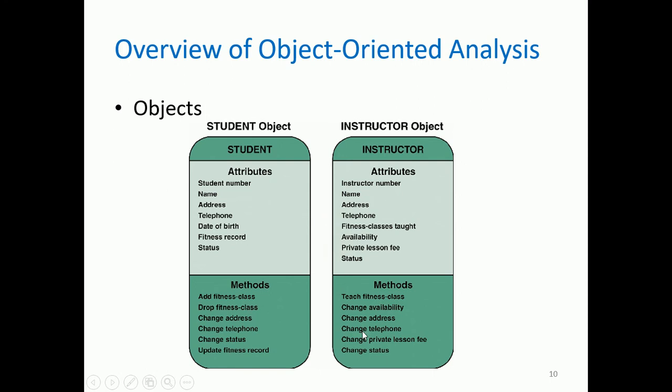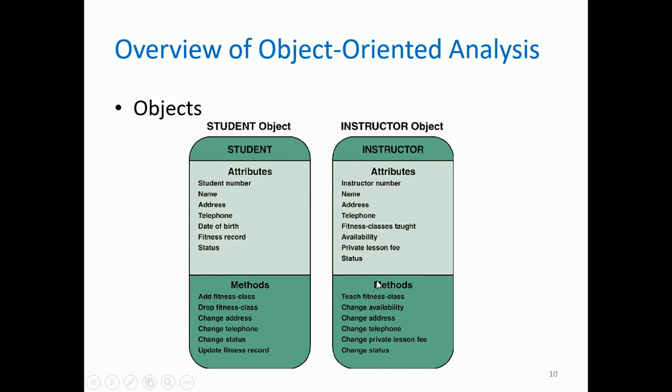And then again, for methods, what makes the student object different from the instructor object is that the student object has methods such as add fitness class, drop fitness class, and update fitness record.